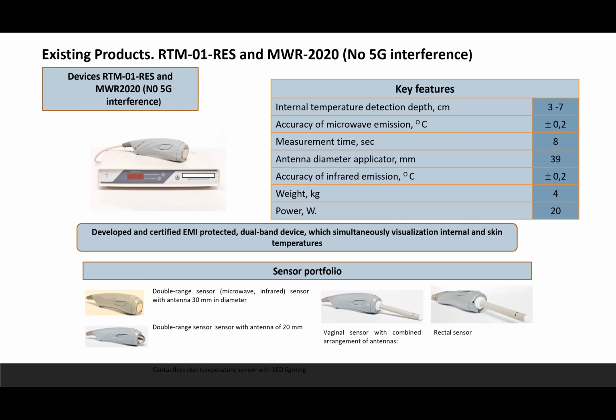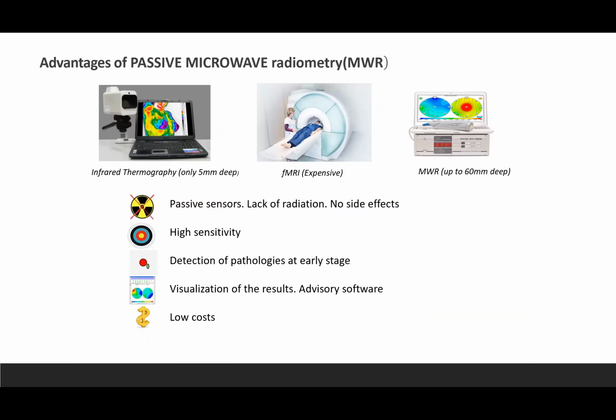We have two devices available, and the device is like a laptop and connected to a laptop, and we can measure internal temperature down to almost 6 centimeters, and the accuracy is plus minus 2. The feature of this device is we can measure so-called infrared temperature, that most thermometers measure, and internal temperature. Infrared temperature can measure only skin.